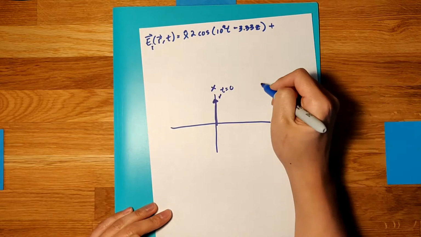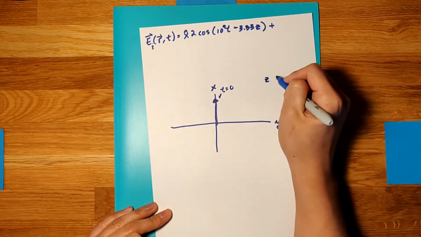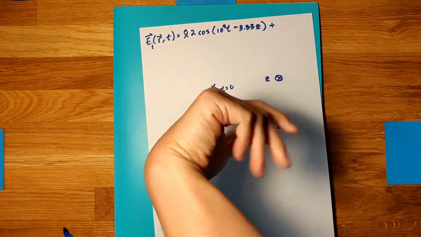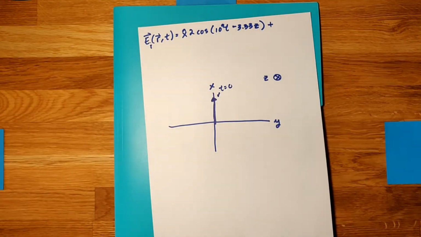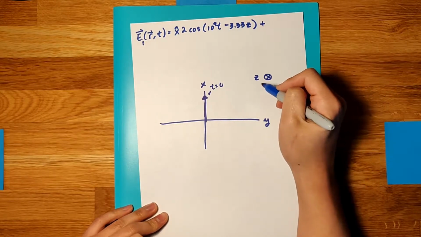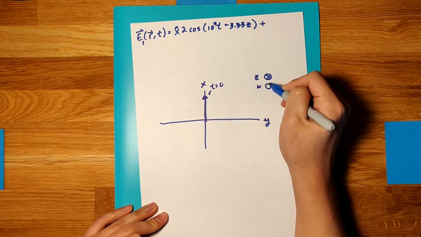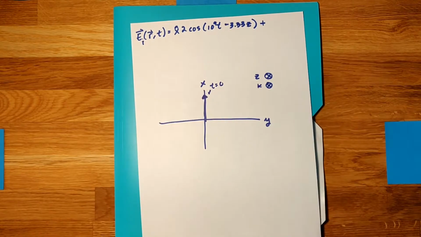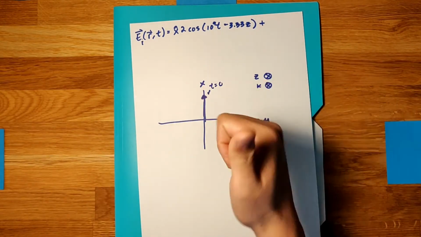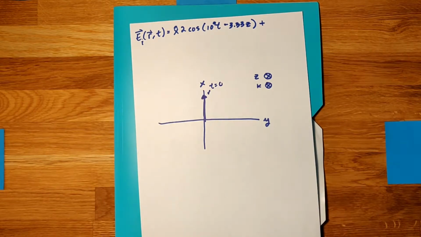That means z has to go into the paper because x, y, and z. And in this case, that means our k is also going into the paper. I like orienting this graph so that my thumb is either into the paper or out of the paper because it feels more natural to me, but feel free to do whatever you like.